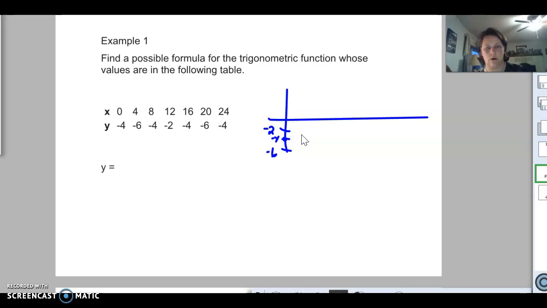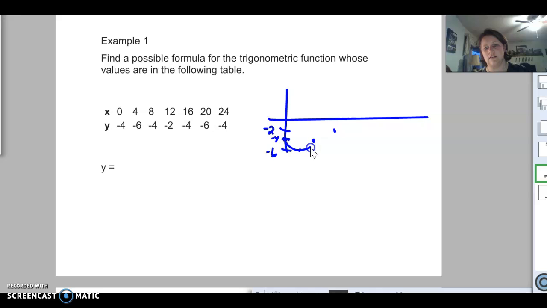And then 4, and I'm just going to kind of estimate these on here. 4 is at -6. 8 is at -4. 12 is at -2. All right, and so we're just going to kind of get the idea of what we're doing here.